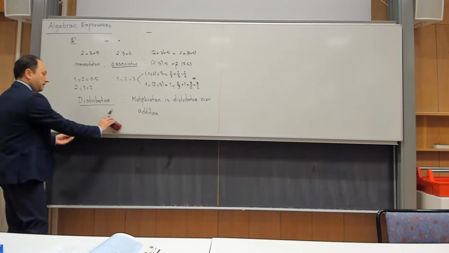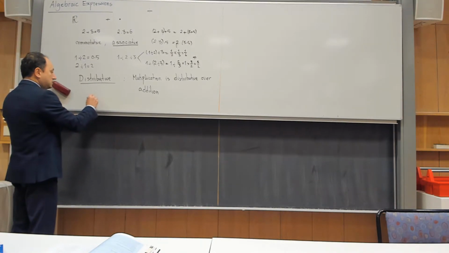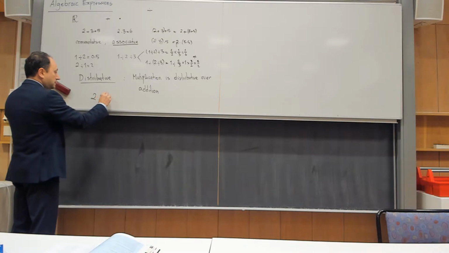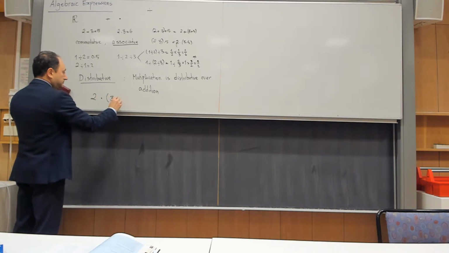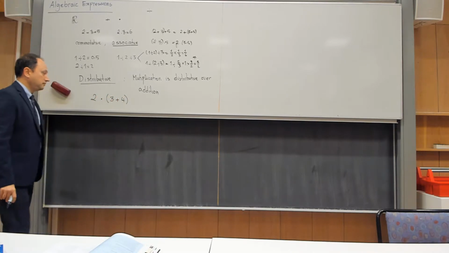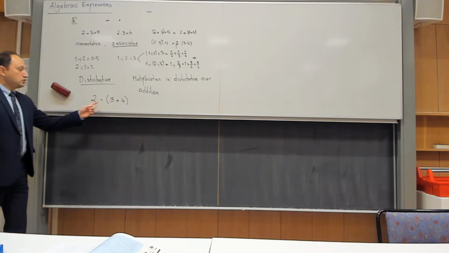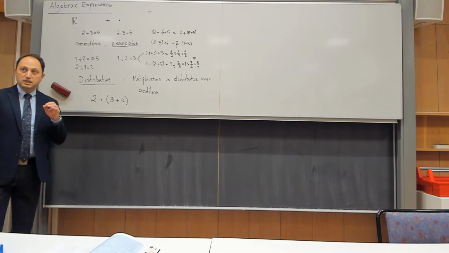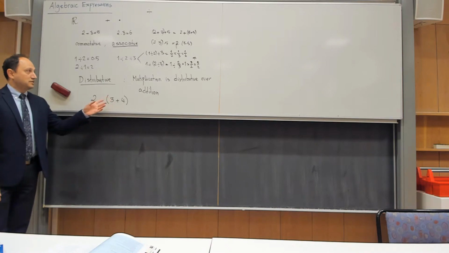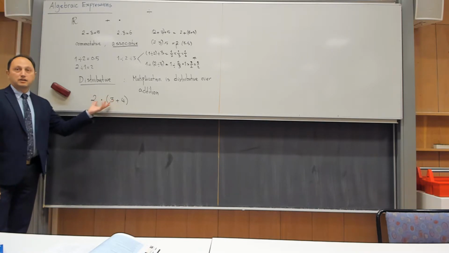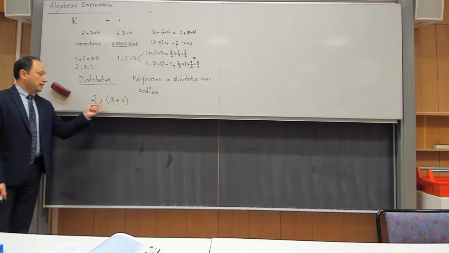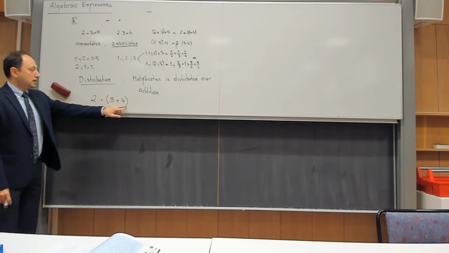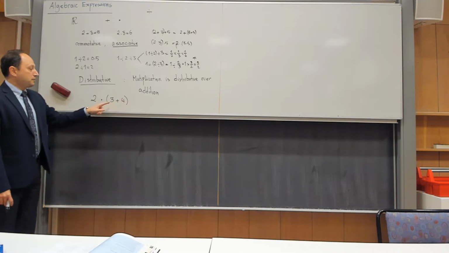What does it mean? It means that if I ask you to calculate this expression, you can do it in two different ways. It is very important, the difference between algebra starts from this actually. So here, if I ask you to calculate this, you tell yourself that, okay, this pair of brackets prioritizes this operation.